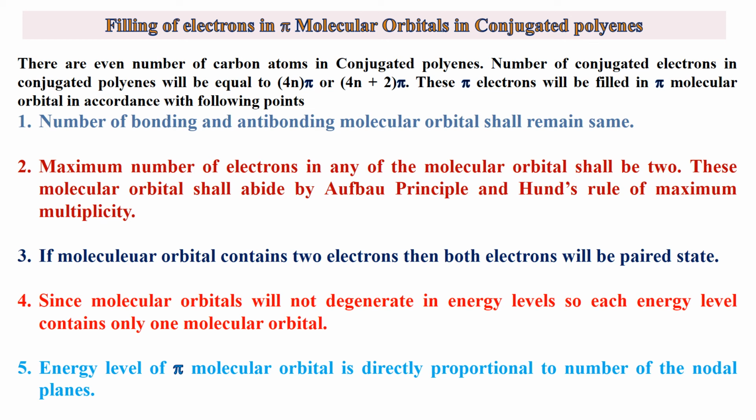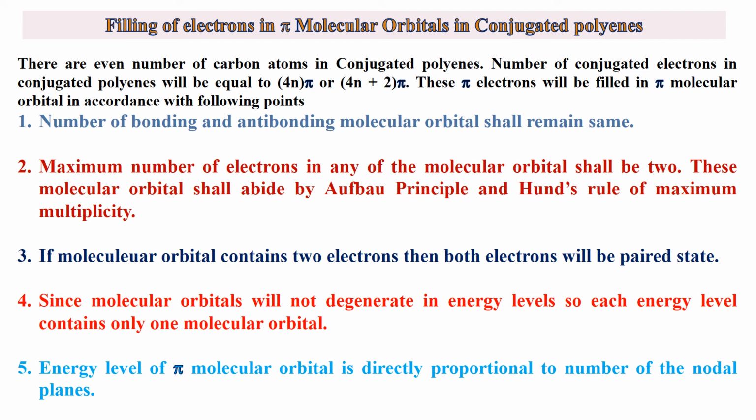Number of bonding and anti-bonding molecular orbital will remain equal. 50% molecular orbitals will be formed of bonding type and 50% molecular orbitals will be converted into anti-bonding molecular orbitals type.